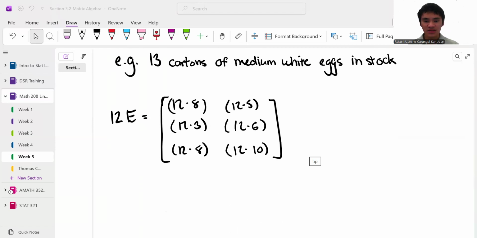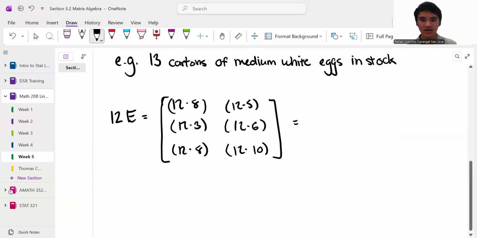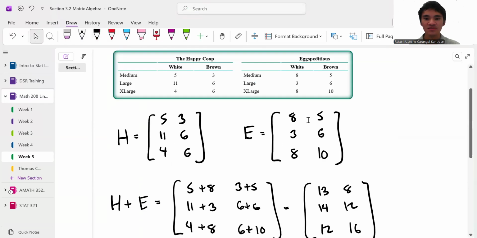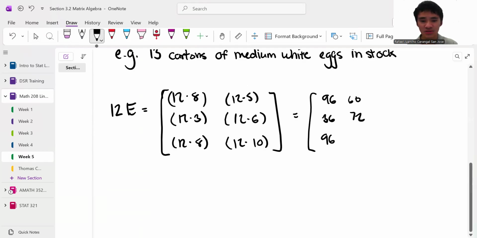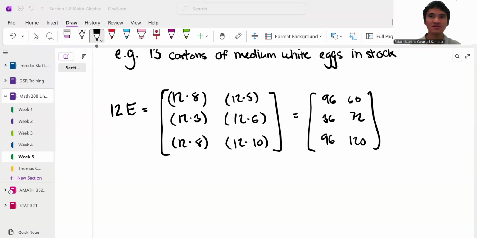If we do that, say in this case 12E, we're multiplying 12 by each of the elements in E, and this gives us a resulting matrix of 96, 36, 60, 72, and 120. That's the resulting matrix from that operation.